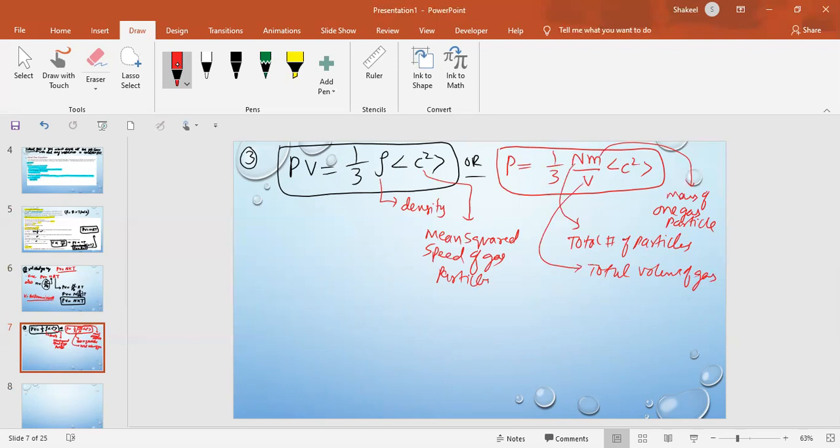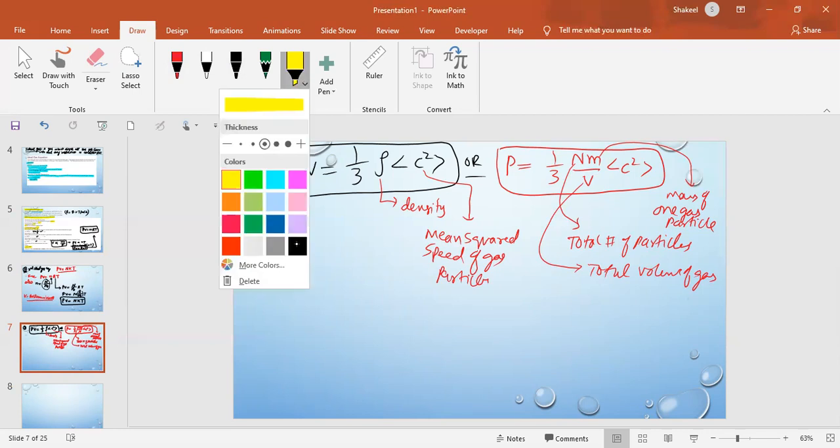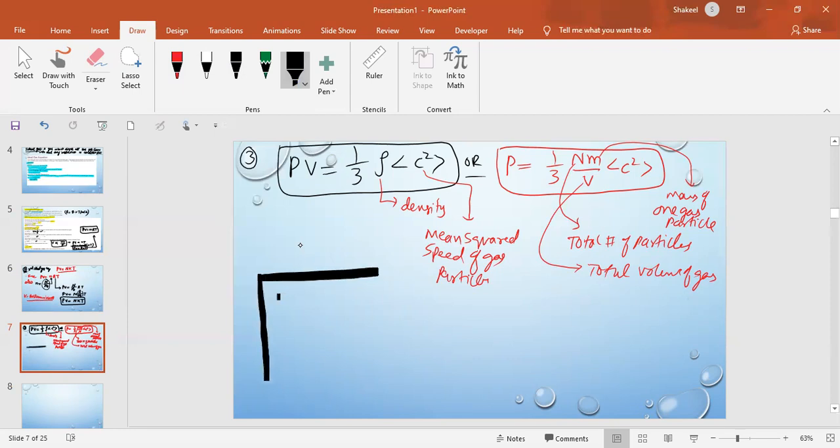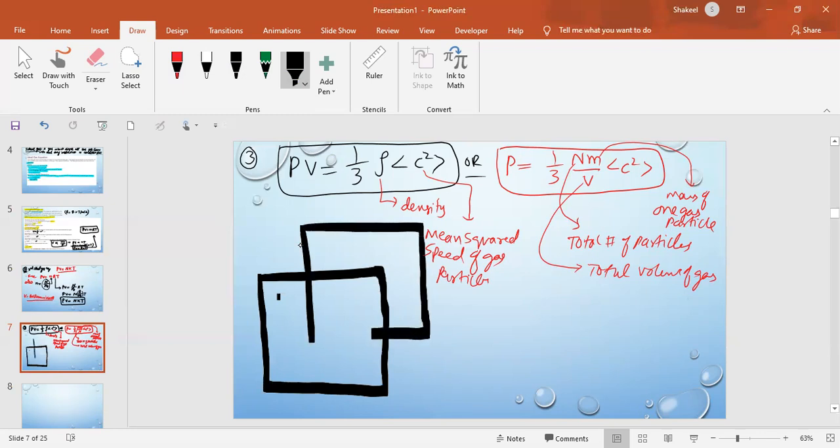So let's first make a cubic box in which gas particles are there. Let's say this is the box in which the gas particles are there.